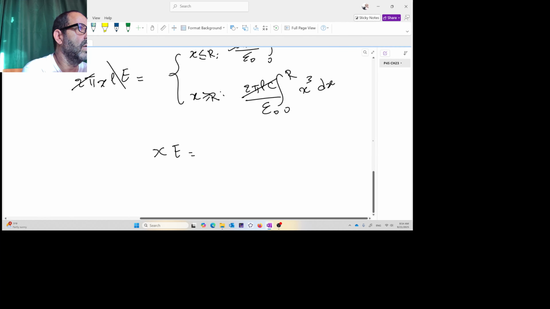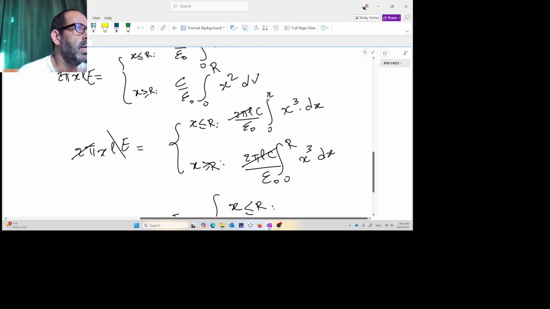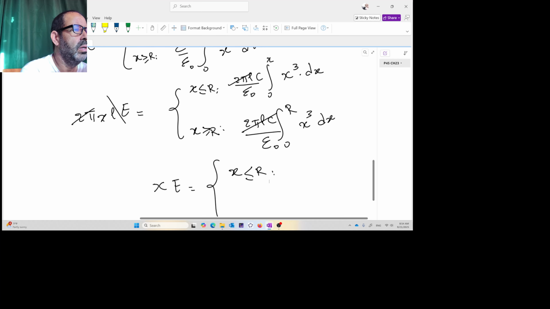For x less than or equal to r, it's going to be c over 4 epsilon naught times x to the power 4.